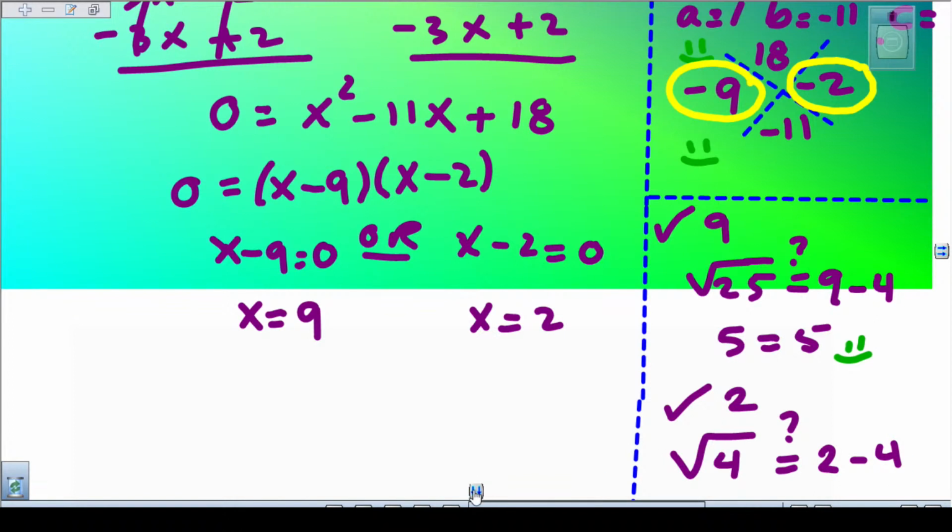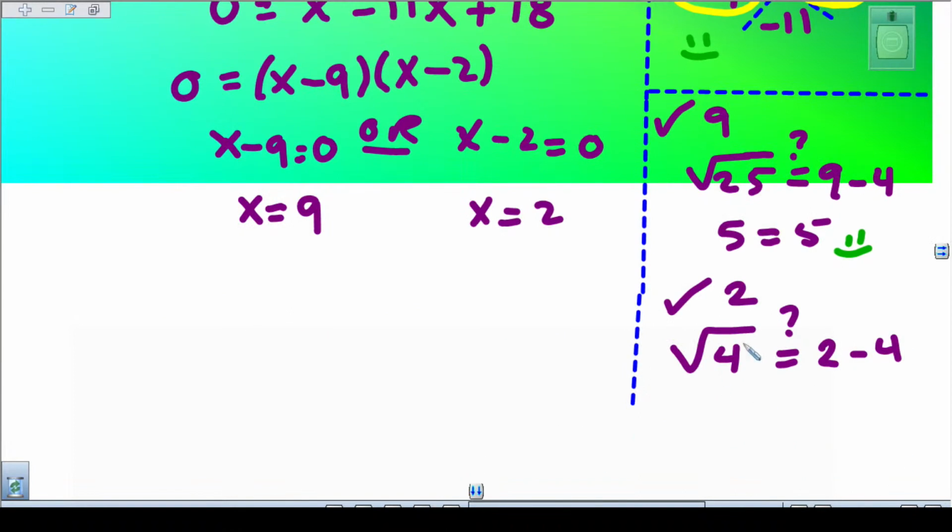Okay, let's keep going here. The square root of 4 is 2, and this guy is all of a sudden turned south on me, and he said, no, I just want to be negative 2. Well, if that's what you want to do, then guess what? You are not equal to me, and I can't take you as a solution.